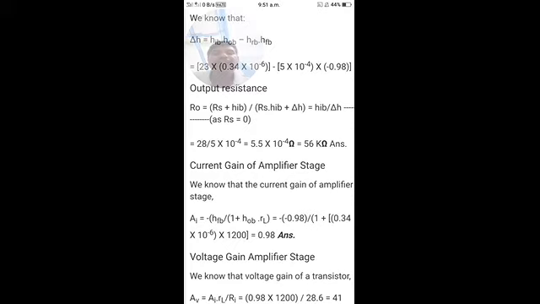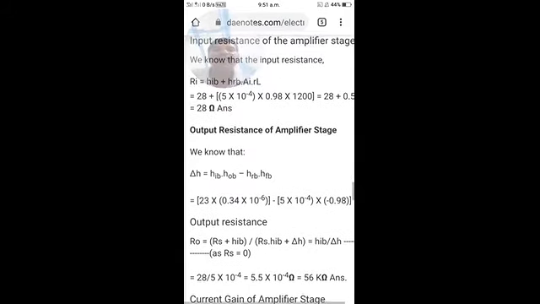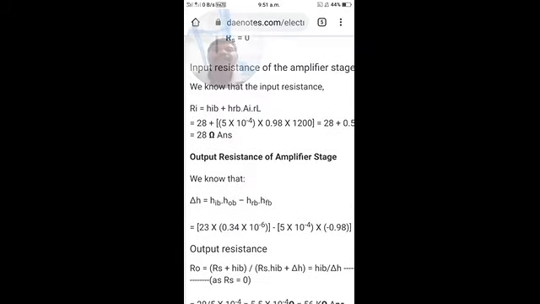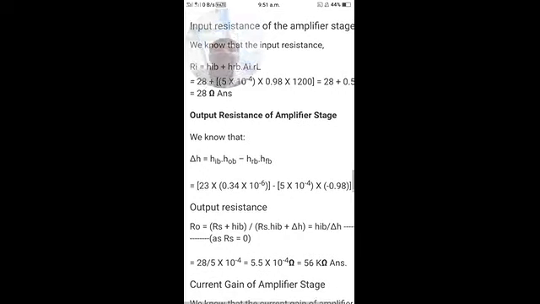So we will get AI is 0.98. Using this value 0.98 of AI, we can find the input resistance RI. RI is equal to HIB plus HRB AI RL. Substituting values of HIB, HRB, AI and RL, we can find RI, which is 28 ohms.